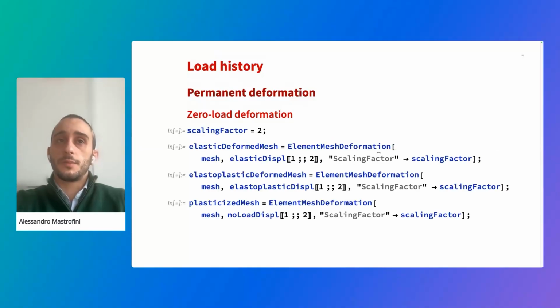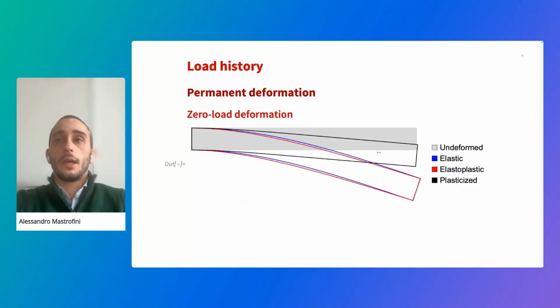So we can extract displacement, copy the deformed mesh, and what you can see in the end is the elastoplastic, elastic deformation, we've seen that before, but now there is a final deformation.